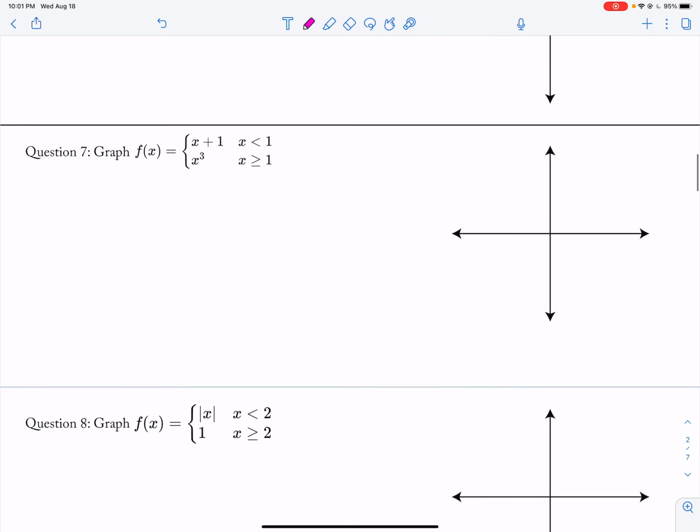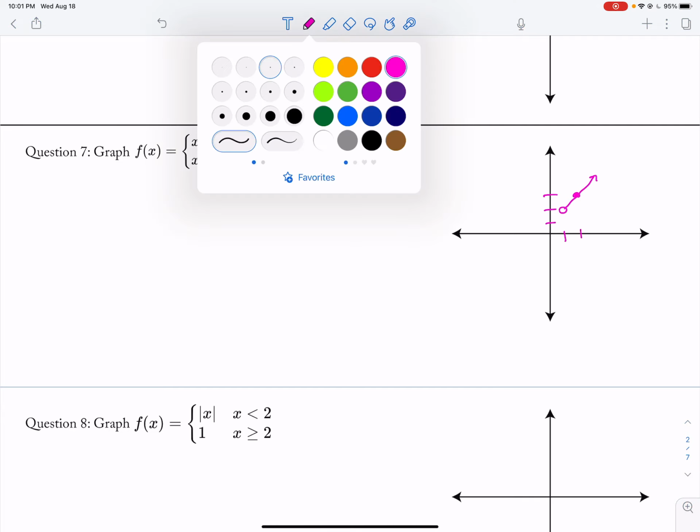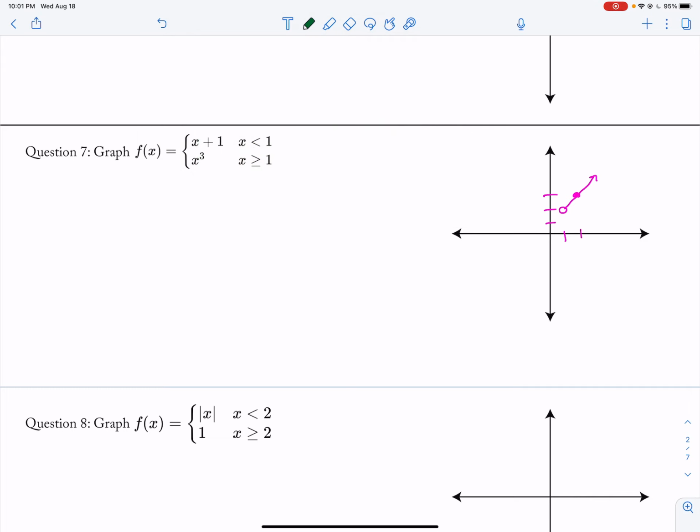Okay. And then 7, at 1, we are at 2. It is an open circle again. And then up 1, right 1. So we go like this. And then for my x cubed, at 1, I'm at 1.